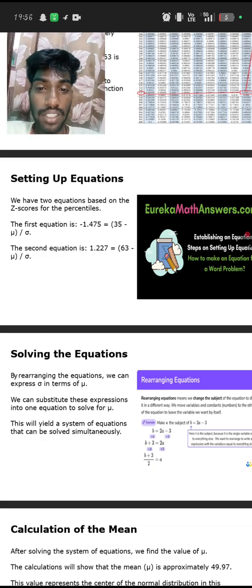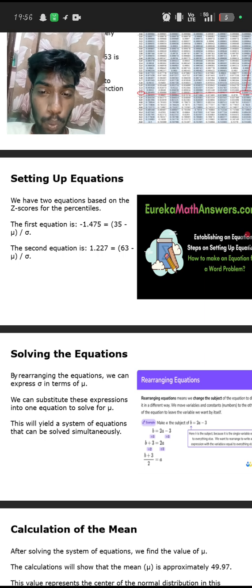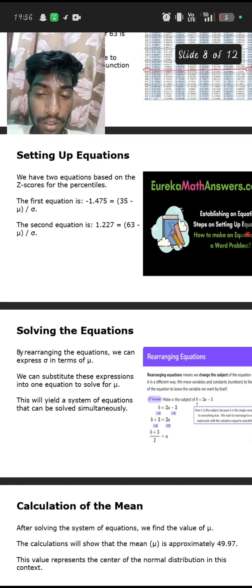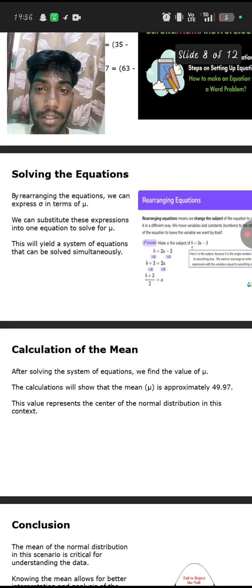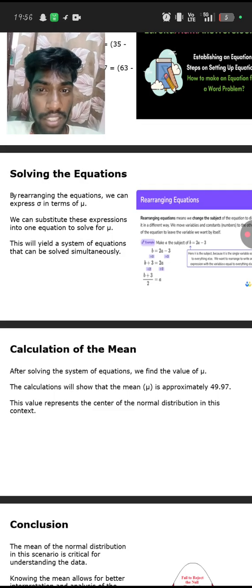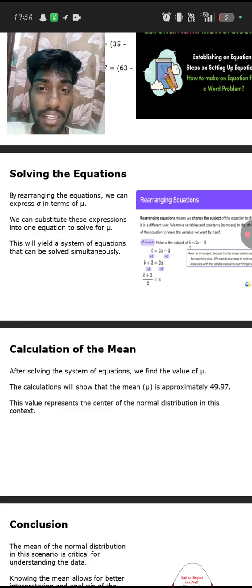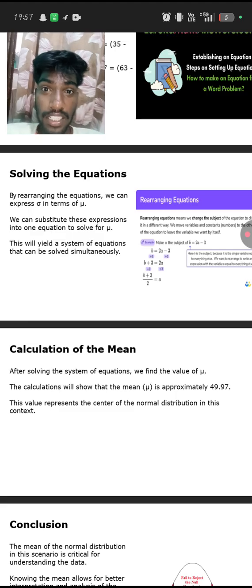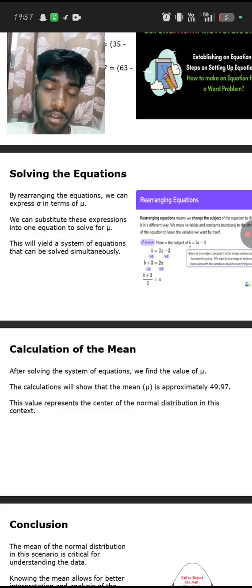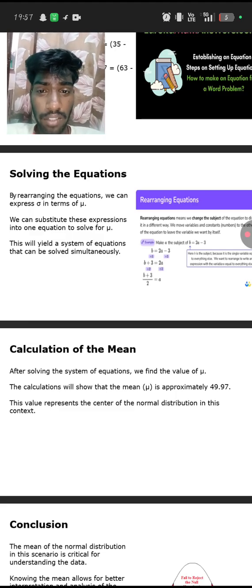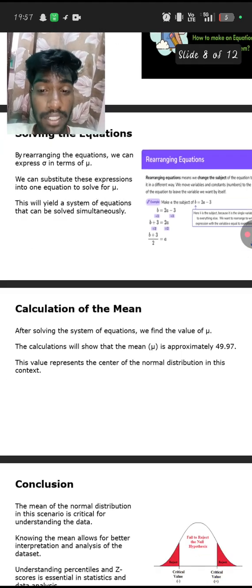The second equation is 1.227 equals 63 minus mu by sigma. Now solving the equations, by rearranging them, we can express sigma in terms of mu. We can substitute these expressions in one equation to solve for mu. This yields a system of equations that we solve simultaneously.